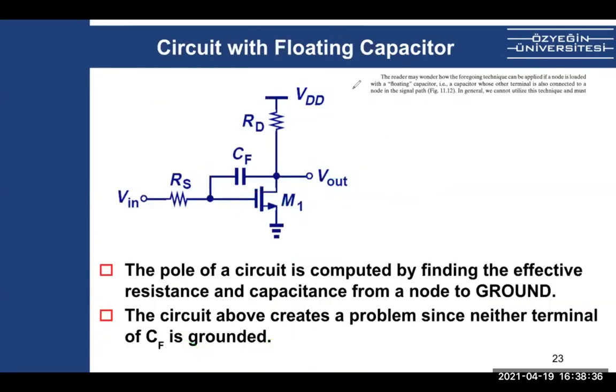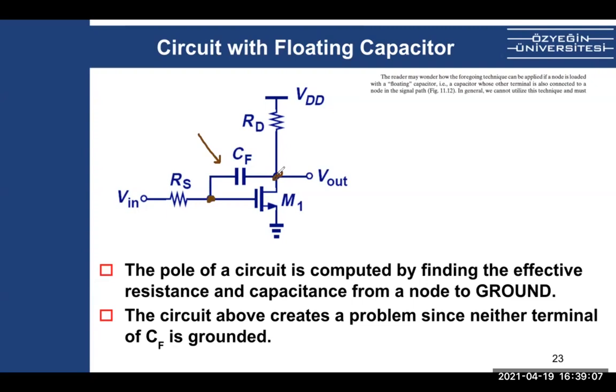All right, now we're coming to an important thing called Miller's theorem. Miller's theorem is quite important because it helps a lot in analyzing circuits such as this. If there's a cap connected here or connected here, it's hard to analyze the circuit.